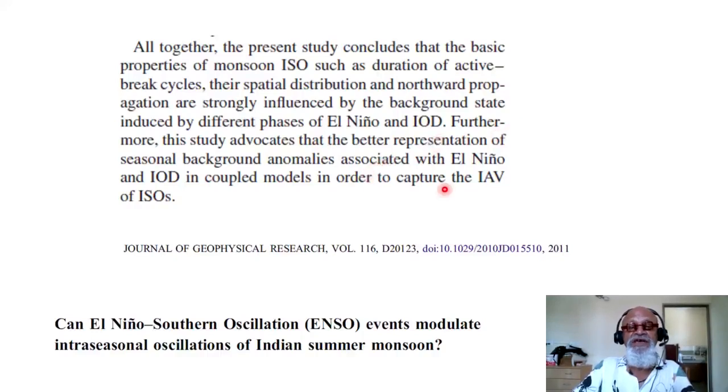Furthermore, this study advocates the better representation of seasonal background anomalies associated with El Nino and IOD in coupled models, in order to capture the intraseasonal variability of ISOs. So ISOs exist, and their variability happens, of course, because there is also seasonal variability in the seasonal amounts of rain, which obviously have to come through changes in active and break periods.